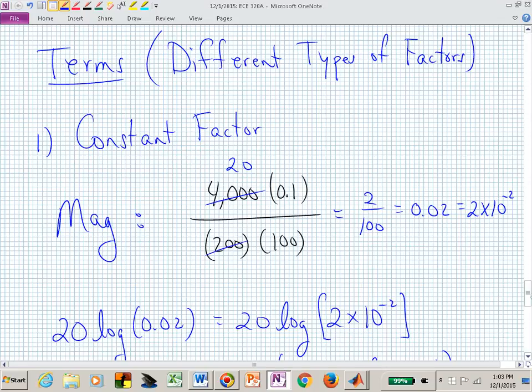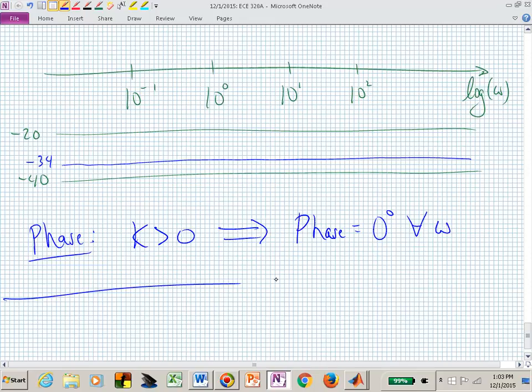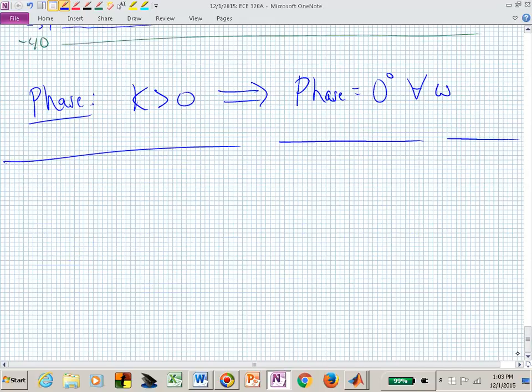So this angle is 0 for all frequencies because our gain was positive. That's not even worth sketching. That's just not doing anything to our phase plot. So let's keep going. But we now know that that contribution is nothing.